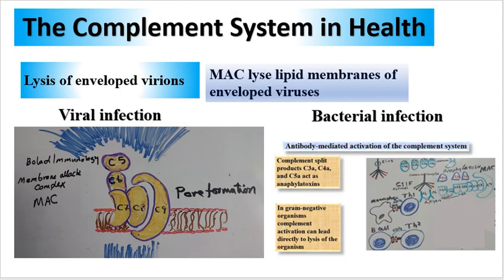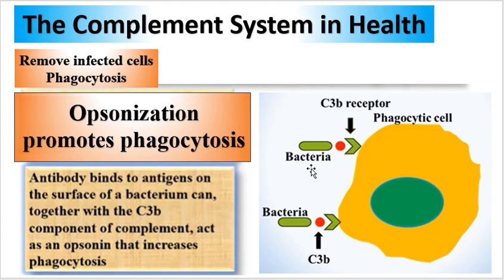So the microbes will get opsonized by the complement component, and this will bind to the phagocytic cell and help in their phagocytosis. As can be seen here, a bacterium is coated by complement components, and this will bind to the complement receptor on the surface of the phagocytic cell. So this is complement mediated phagocytosis.